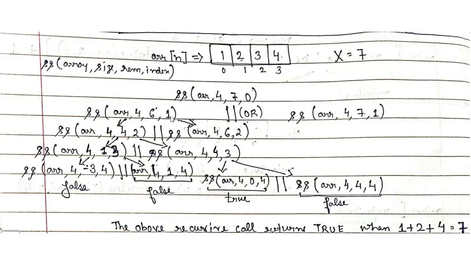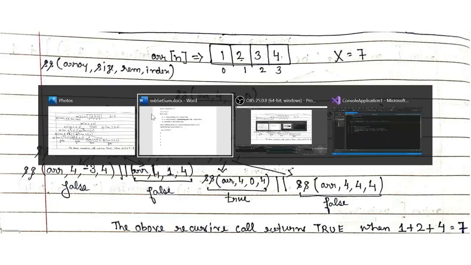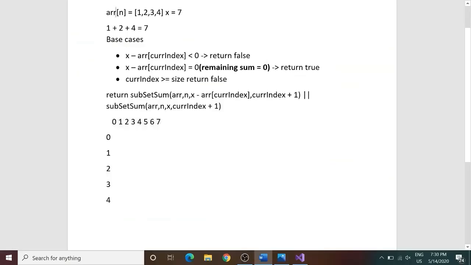So just tell me, starting from this index till the end of the array, can I make a sum of 6? So I was approaching this problem over here. Can I make a sum of 6 with any of the subsets of these 3 elements? Yes, we can make it.